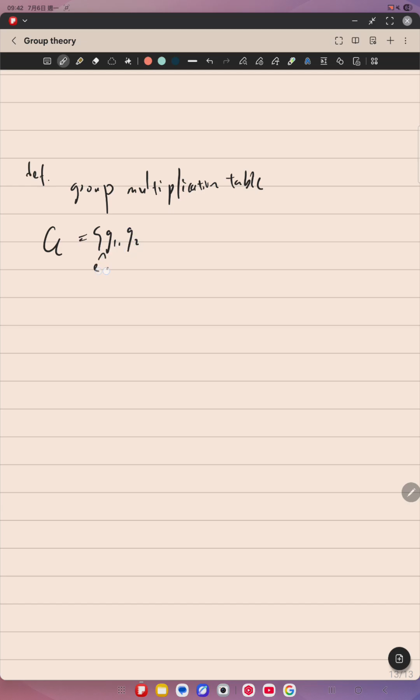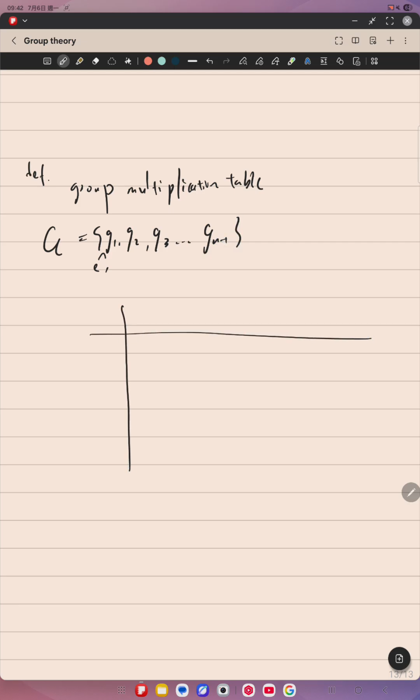Okay. Another definition is called a group table or a group multiplication table. Okay, so this is very simple. Let's just say that if G is finite, then I can label it by the identity, g1, g2, g3, keep going up to maybe g(n-1).